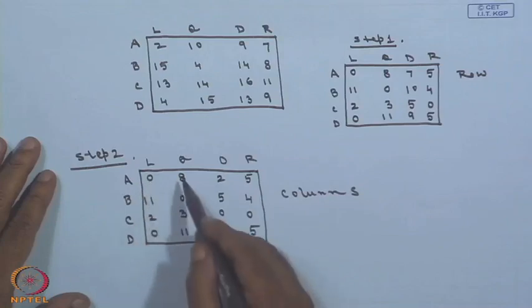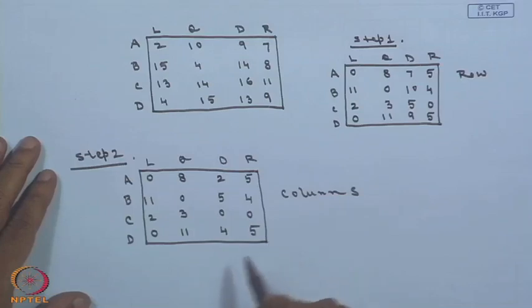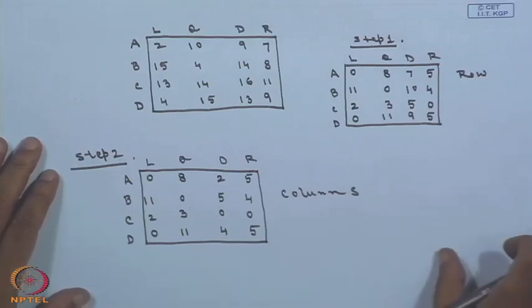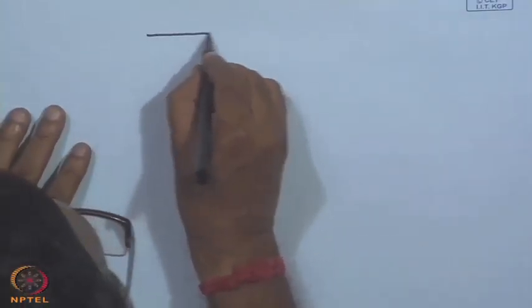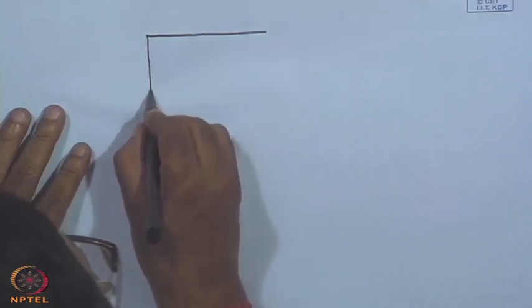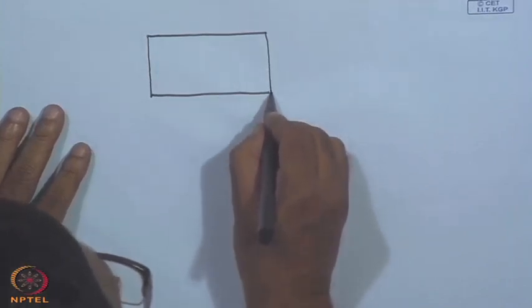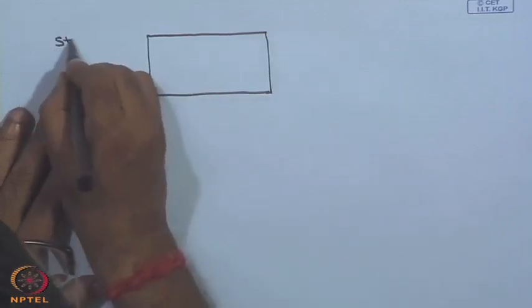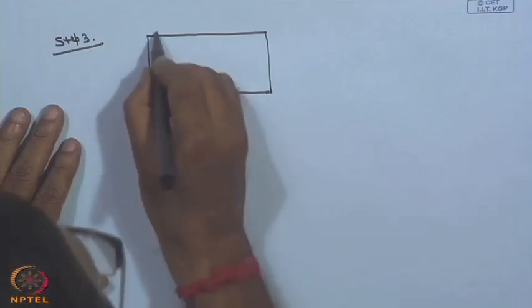The first column has 2 zeros, and the second, third and fourth columns have 1 zero each. Let me write the same thing in a little bigger form. So, this was step 2. For each row and column you are subtracting the smallest element from all the elements of that row or column.